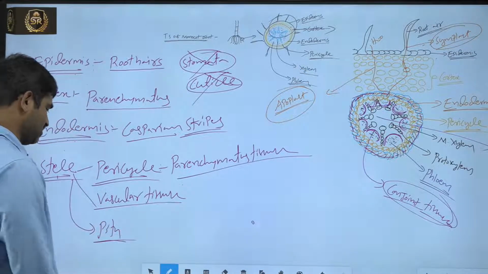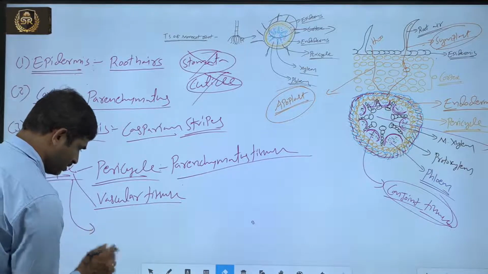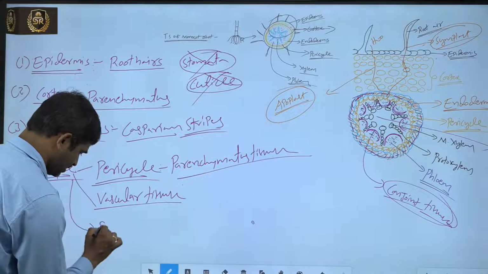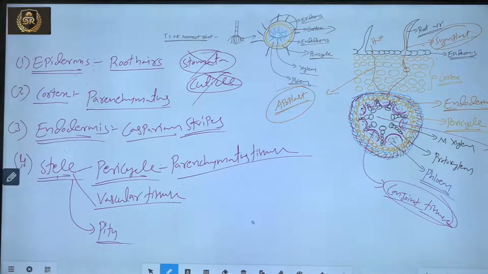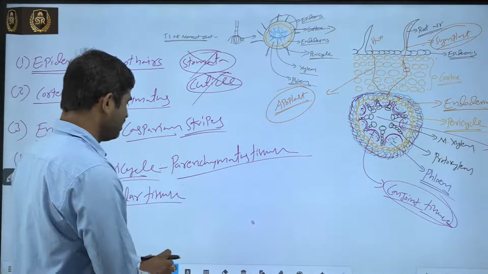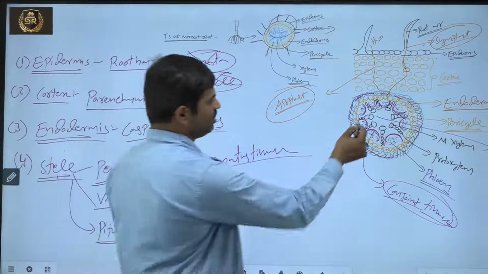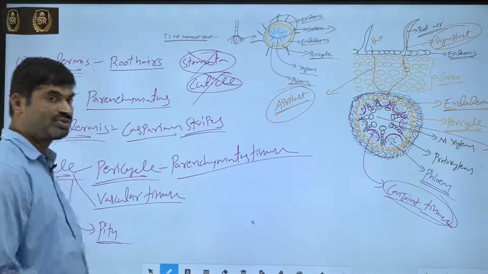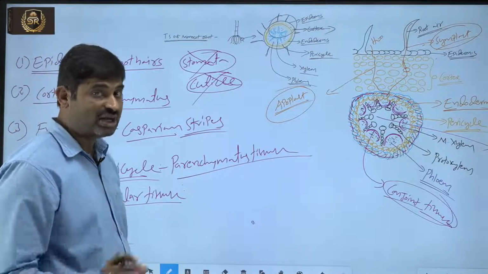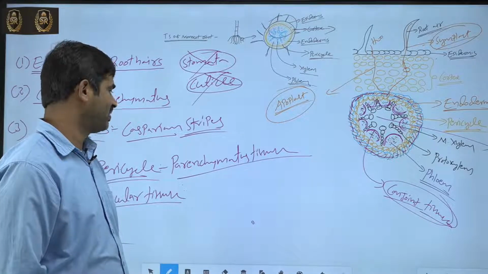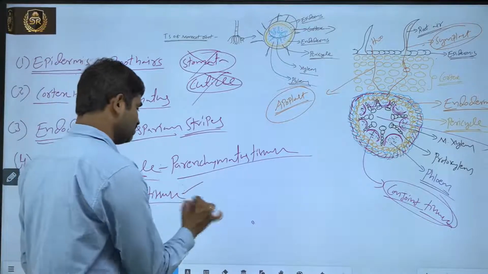First, pericycle is made up of parenchymatous tissue. Pericycle's main function is lateral roots and lateral conduction. Monocot root pericycle is not involved in secondary growth and development.